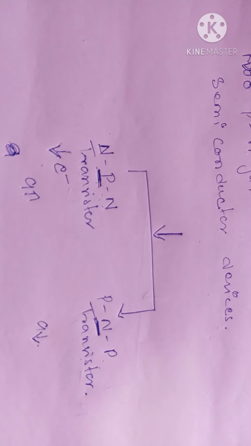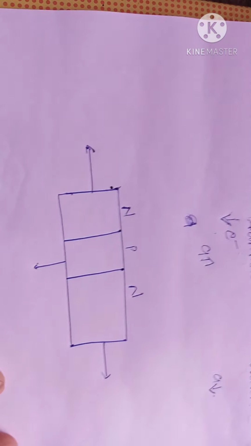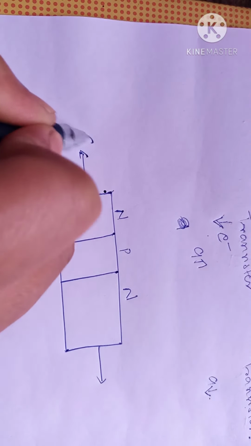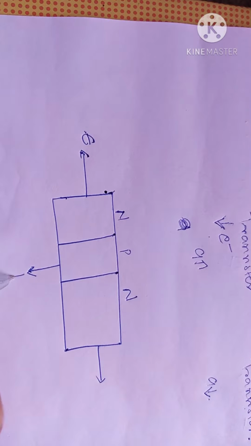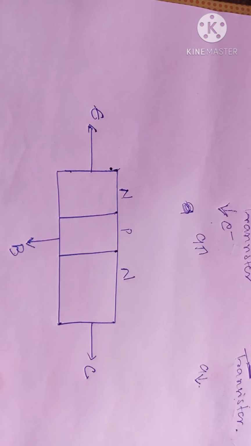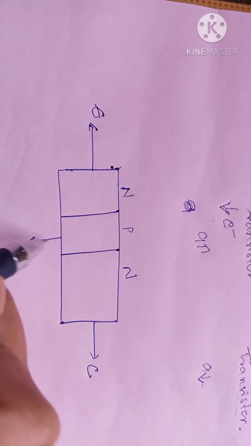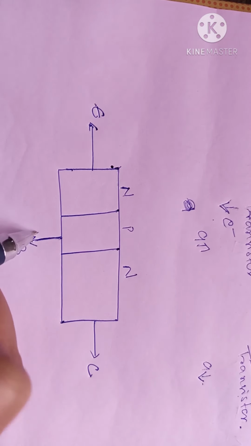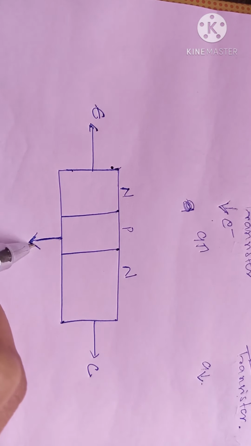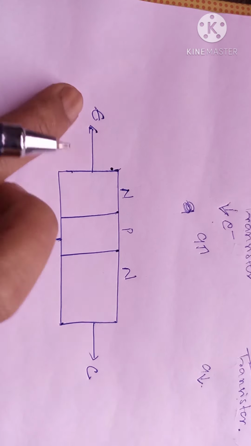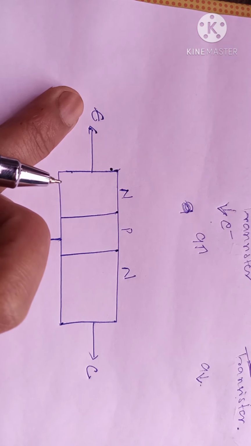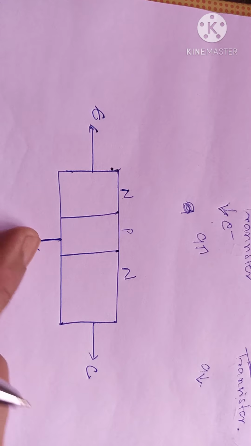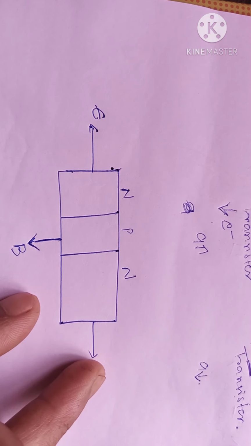A transistor is very special because there are three terminals: emitter, base and collector. The base terminal can sometimes be connected with input, or sometimes with output.